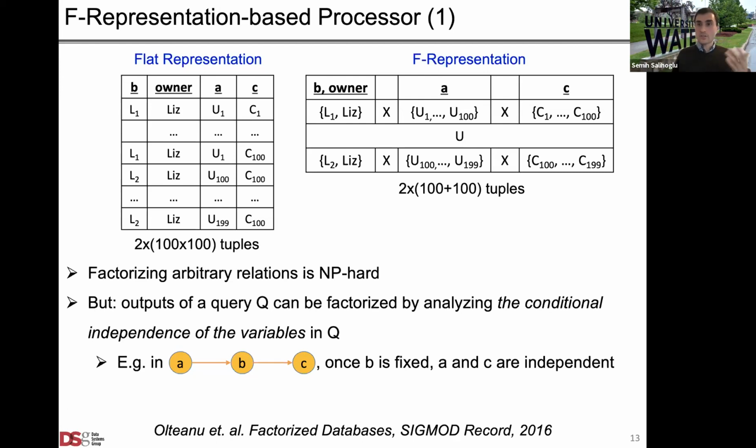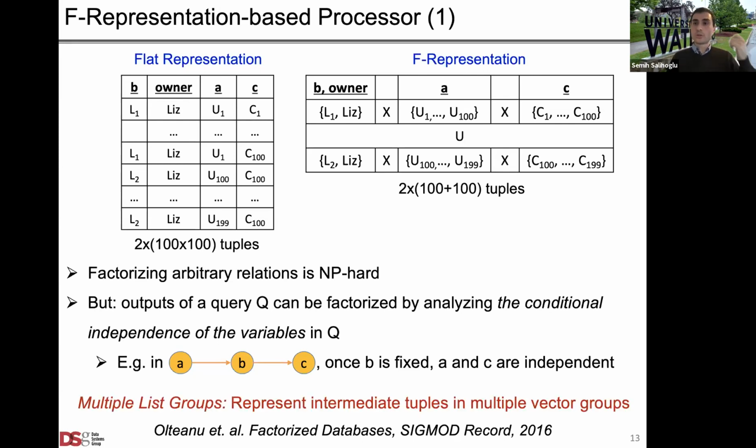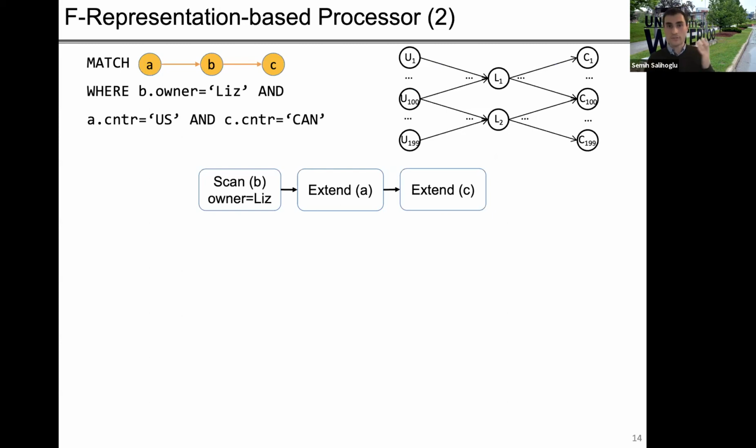And the way we have integrated an F representation-based processor is that, instead of passing a single block of tuples, we pass multiple groups of tuples, which we call list groups, to represent these relations as in an F representation. So let me demonstrate and simulate how processing of the previous query would happen in our F representation-based processor.